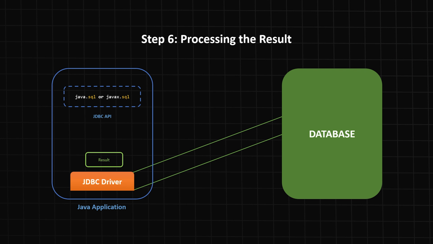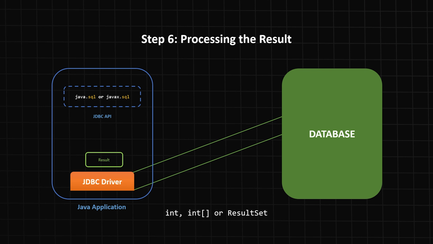Now there are various types of results that the database gives. So the result can be an integer, an array of integers, or a result set. Even if you are not aware of these topics, there is nothing to worry about, because we are going to cover all these things in a detailed manner. We will implement and perform all the operations in the different scenarios of each execution type, right? Whether it's an integer, an array of integers, or a result set. So no need to worry about it.